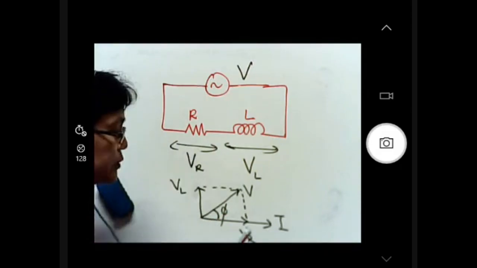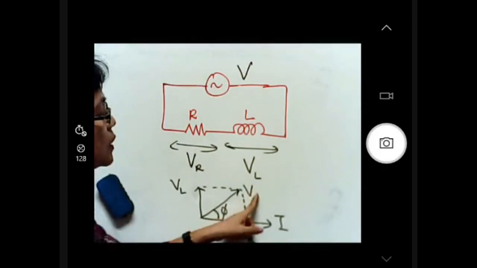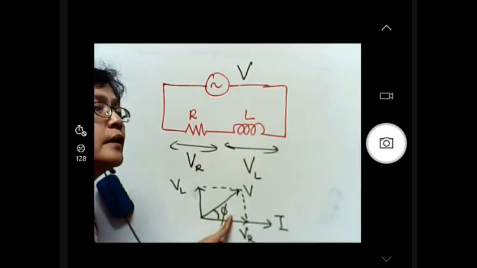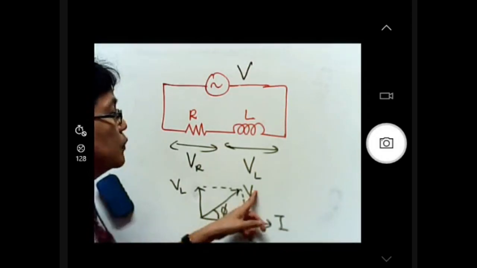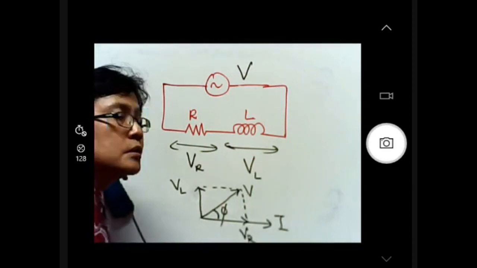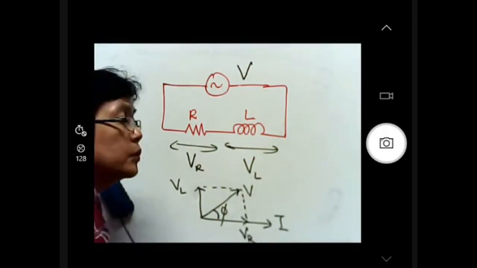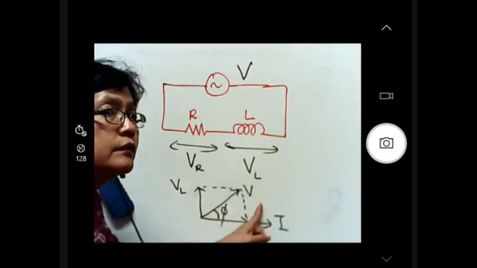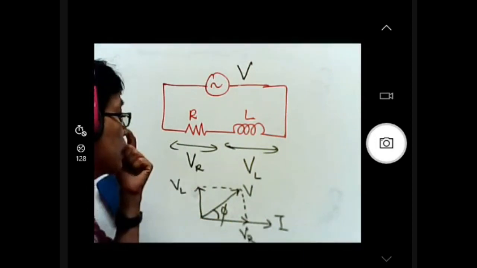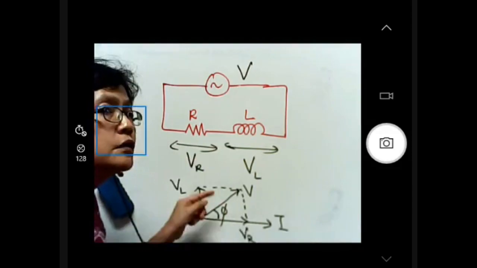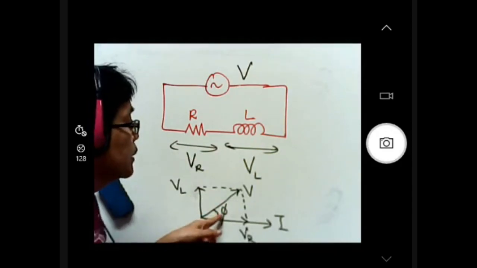Meaning for an RL circuit, the source voltage leads the current by the phase angle. The phase angle is the angle between voltage and current. You can use Pythagoras theorem to find the source voltage, and trigonometry to find the phase angle.